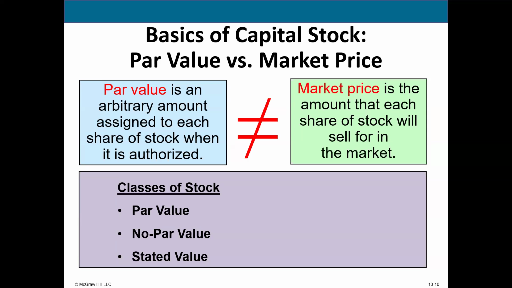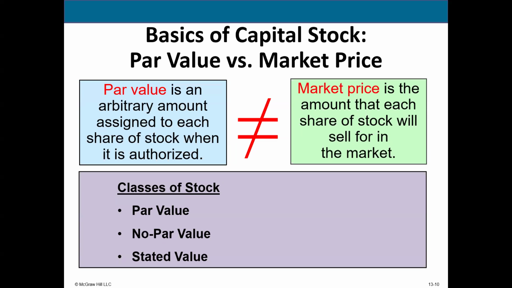Okay? It establishes a minimum legal amount. Typically, a share of stock has a par value of 1 penny, so 0.01, or sometimes a fraction of a penny, 0.001 will be the company's par value for each share of stock that it issues.